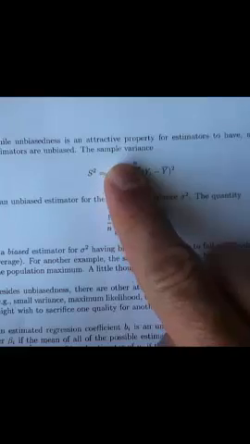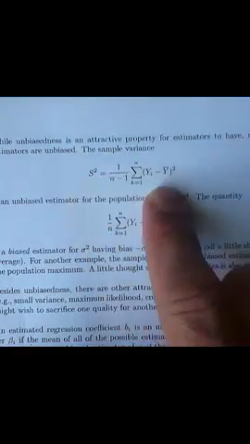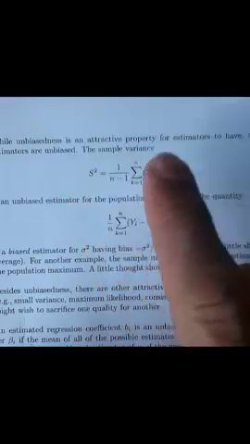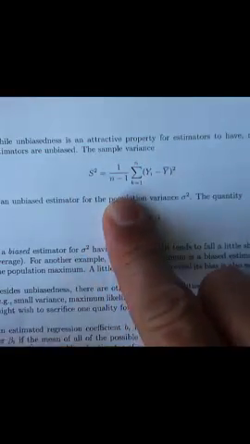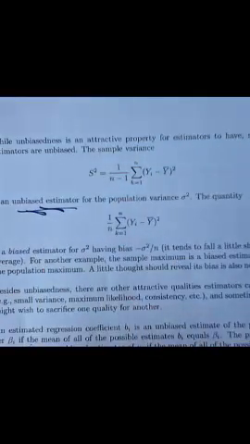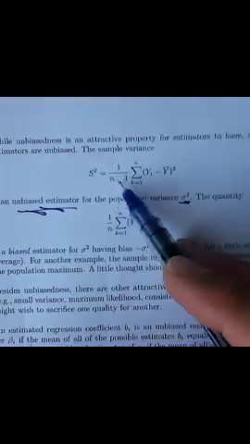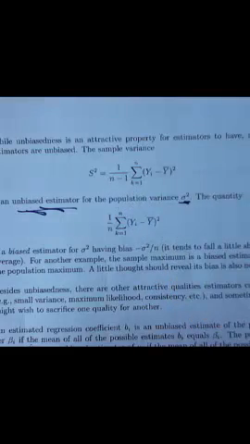It turns out that the sample variance, if I take the square root of both sides here, you'll see that you get the sample standard deviation. But the sample variance is an unbiased estimator for the population variance sigma squared. What makes it unbiased is the fact that we're dividing by n minus 1 here.